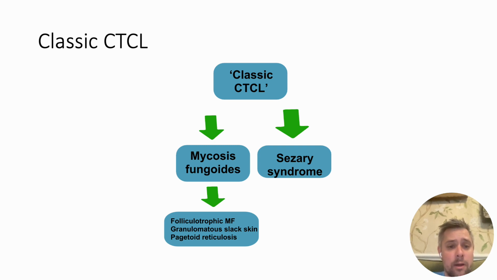And you can get classic mycosis fungoides, or you can get it divided in subcategories. So you can get folliculotropic mycosis fungoides, where the proliferation tends to have an affinity down the hair follicle. You can get something called granulomatous slack skin and pagetoid reticulosis. I won't really be able to go into these in much detail today. And then in the other option of classic CTCL, you have Sézary syndrome.